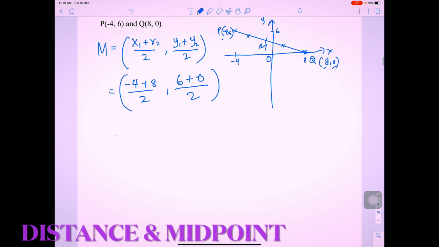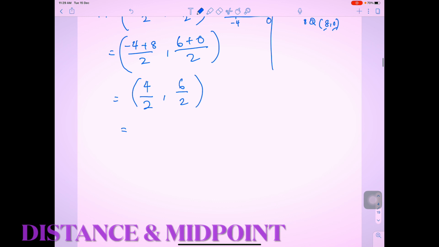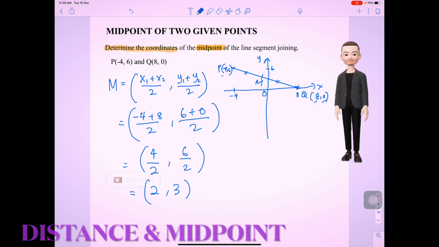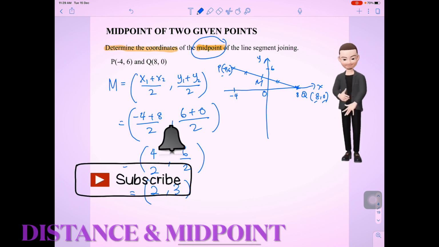Simplify, so you get negative 4 plus 8 equals 4 divided by 2, and 6 divided by 2, so the midpoint is (2, 3). So by using this simple example, we can find the midpoint between 2 points.